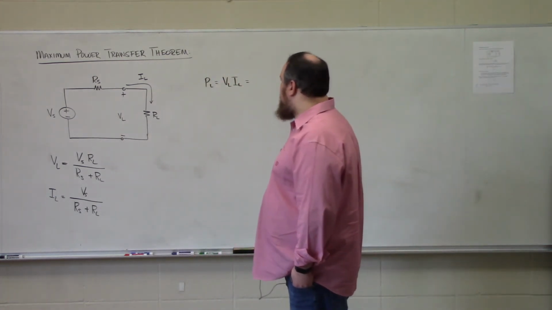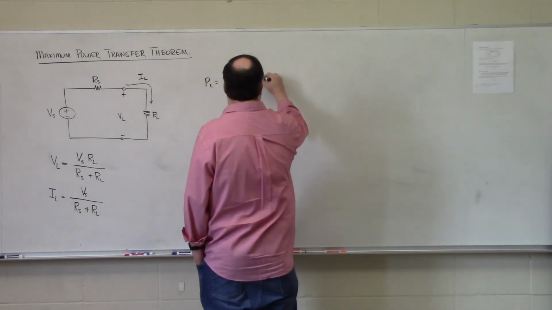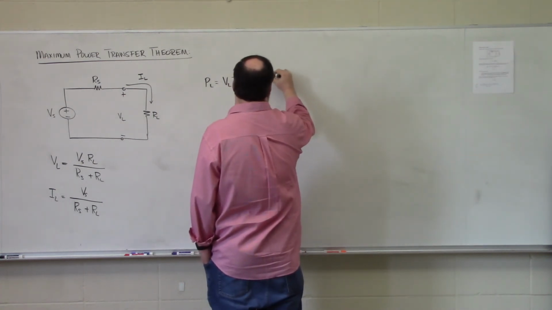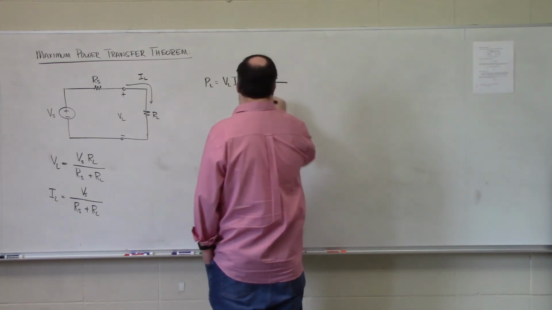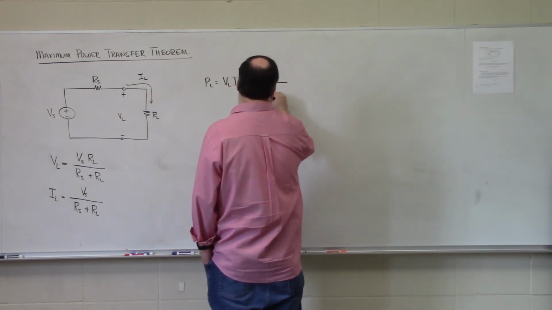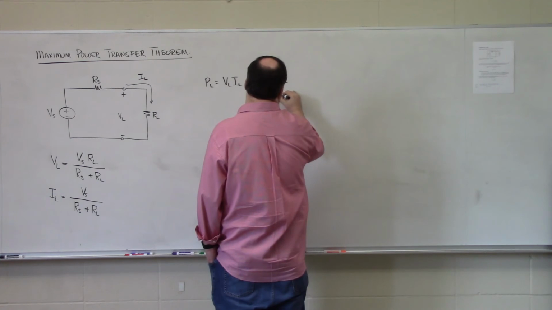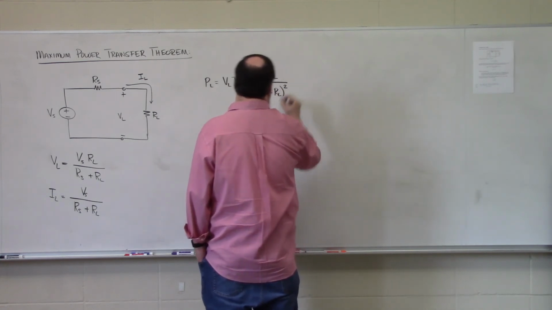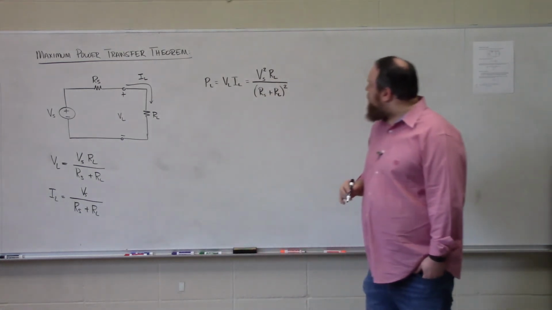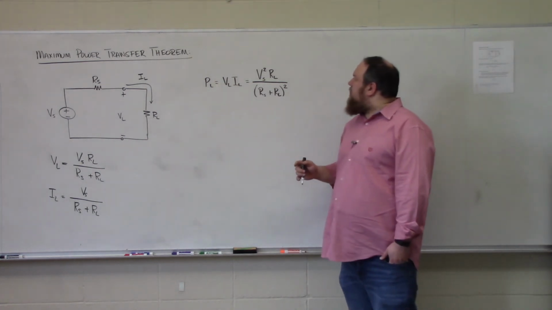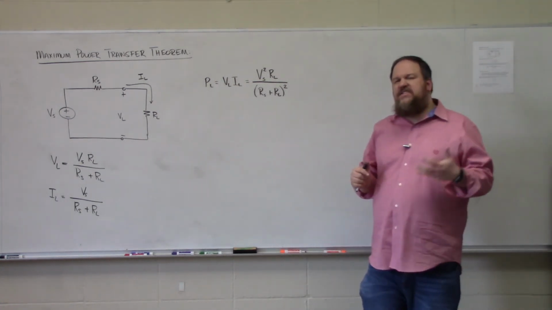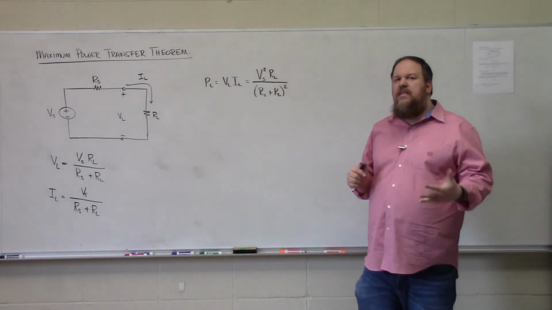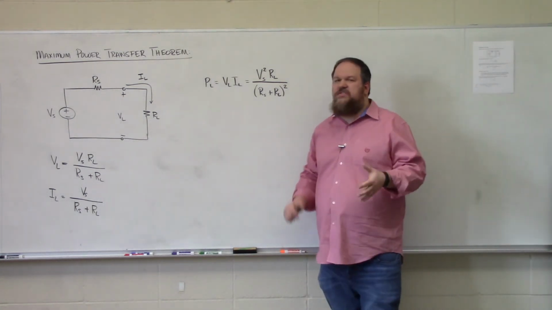So that's going to give me Vs squared times RL divided by the quantity Rs plus RL squared.